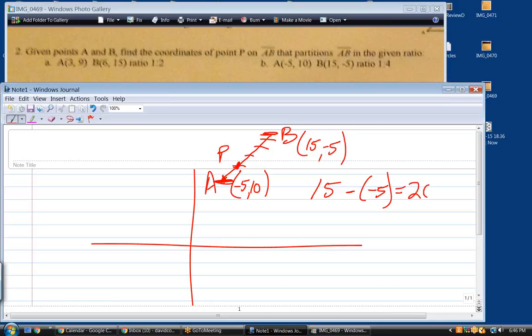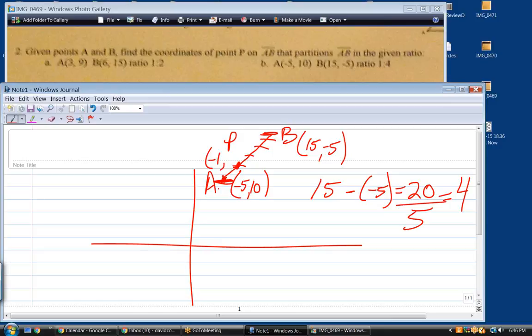That's equal to 20. I'm going to divide it up into 5 equal parts. That'd be positive 4. To go from A to P, the x has to increase by 4. So what is my x-coordinate on P going to be? Would it be 9? I'm adding 4 units to minus 5. Oh, I see that. So it would be negative 1.